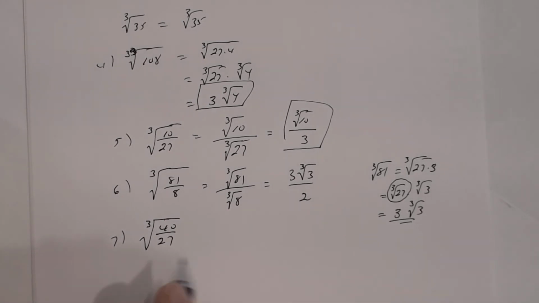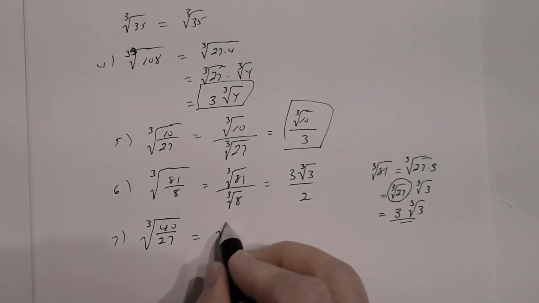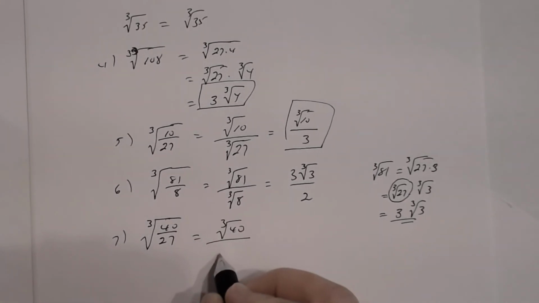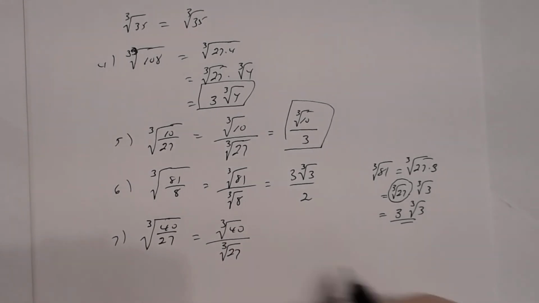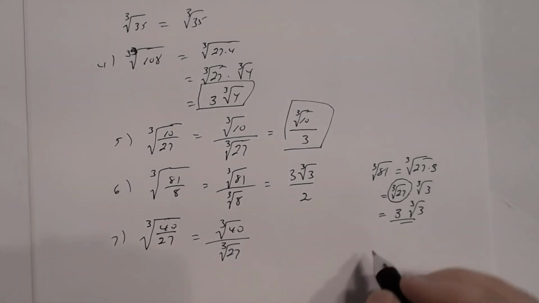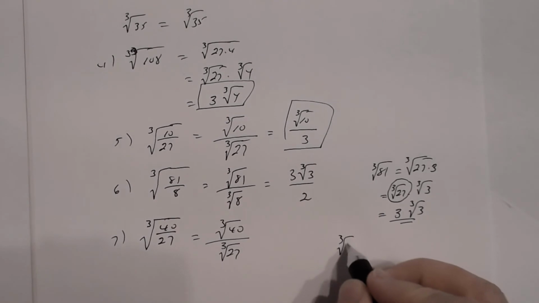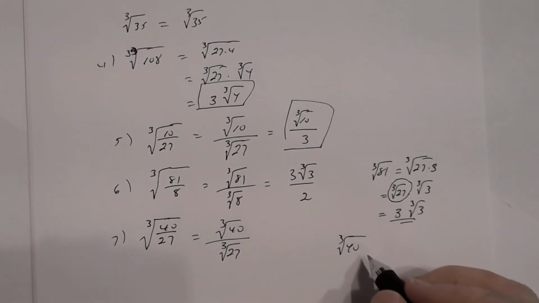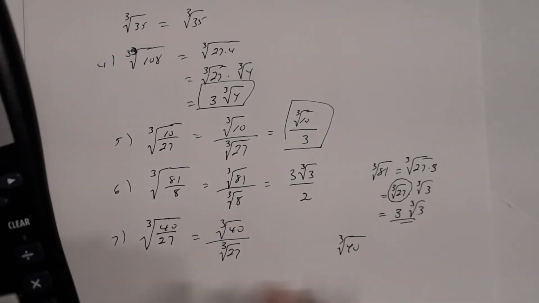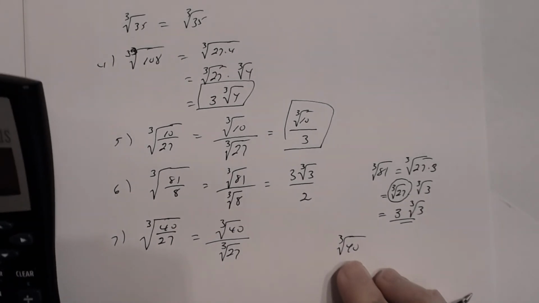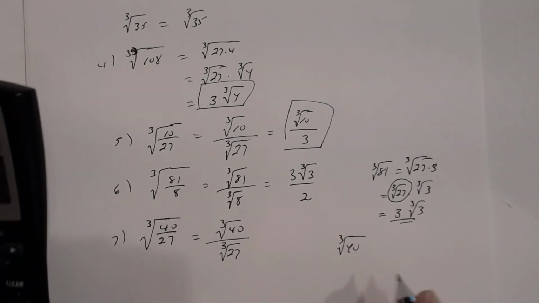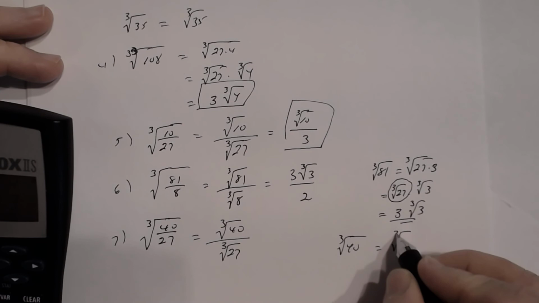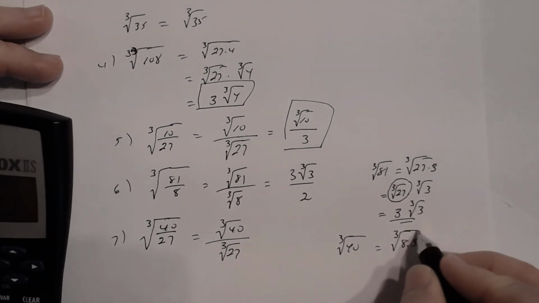By the quotient rule, I can rewrite this as the cube root of 40 divided by the cube root of 27. Now let's talk about the cube root of 40. Besides 1, is there a perfect cube that goes into 40? 8. That's correct. So I can write this as the cube root of 8 times 5, right?